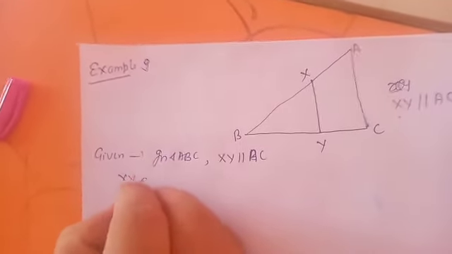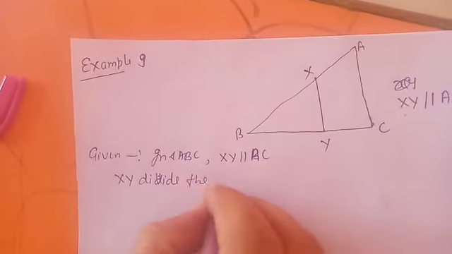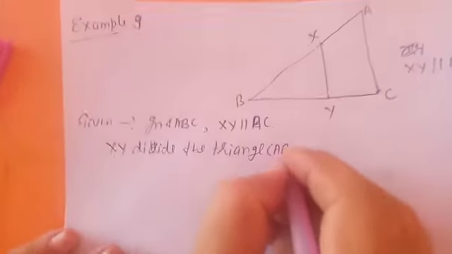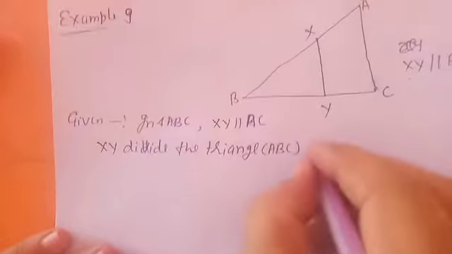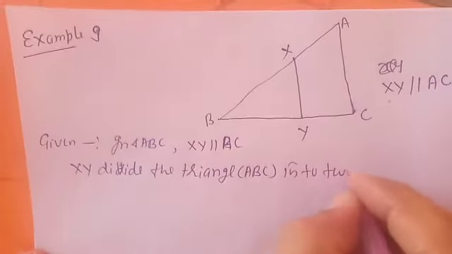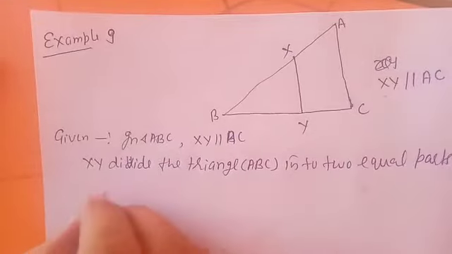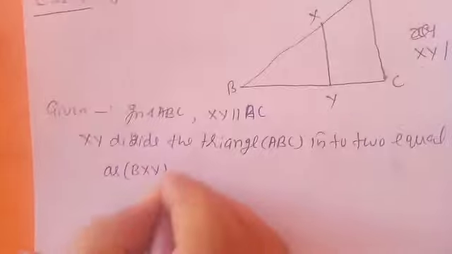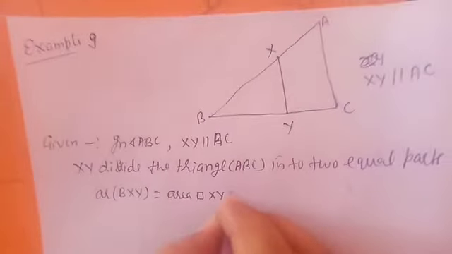XY divides the triangle ABC into two equal parts, meaning area of triangle BXY is equal to area of quadrilateral XYCA.